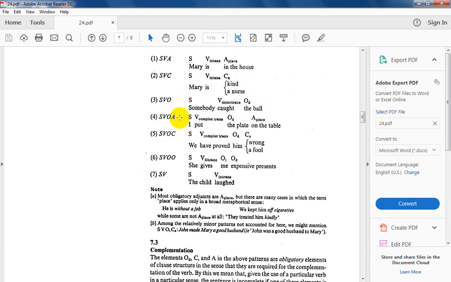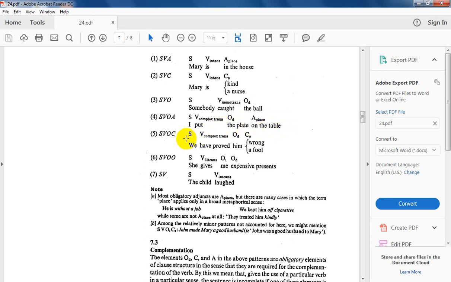This A is obligatory. See, I put the plate on the table. When I say, for example, I put the plate, it needs a complementation. Where did you put the plate? So I must say, I put the plate on the table, so this place A is an obligatory one.